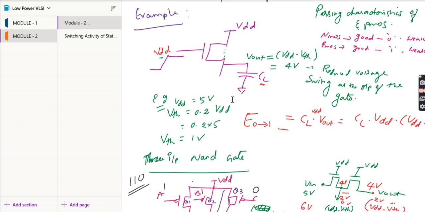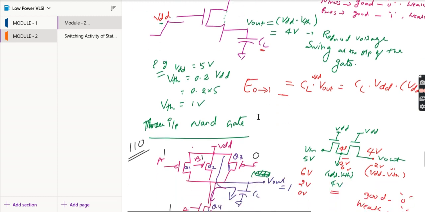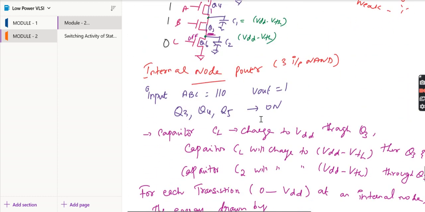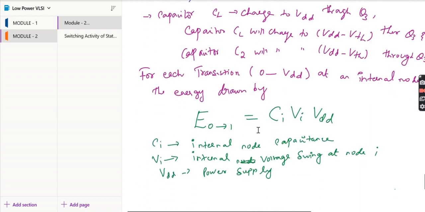As you know, the switching power dissipation is the power required to charge and discharge the output capacitance of the gate. Then we concluded with the internal load power. We calculated the energy per transition for the internal load, which is nothing but CI into VI into VDD.